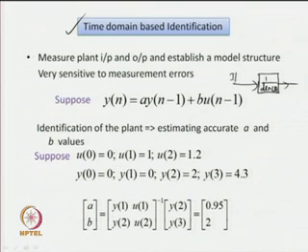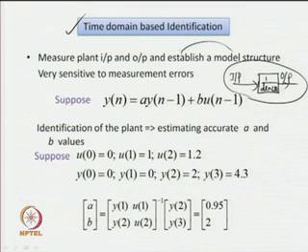Then we can apply some known input and we can measure the output from the process. So, from the measurement of input and output, a model structure can be established, but the model is found to be very sensitive to measurement errors.